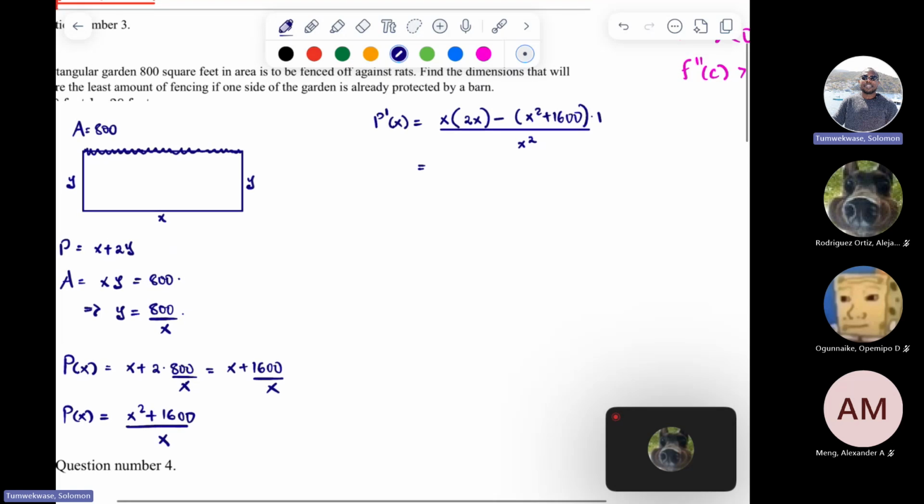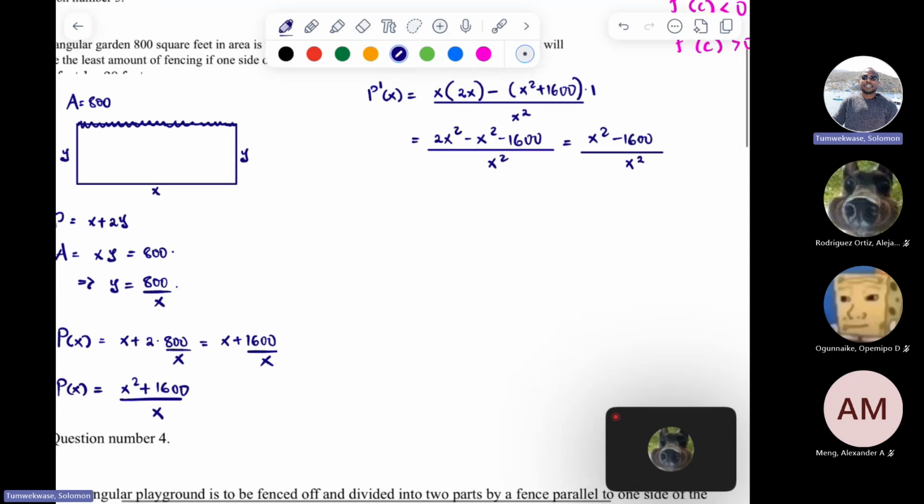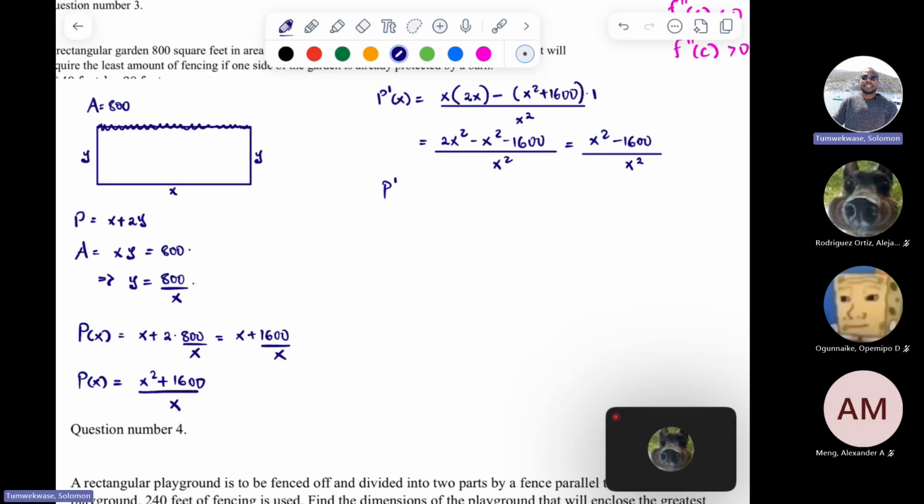When I simplify this, I have 2x squared minus x squared minus 1600, and the whole of it over x squared, and this is x squared minus 1600 over x squared.